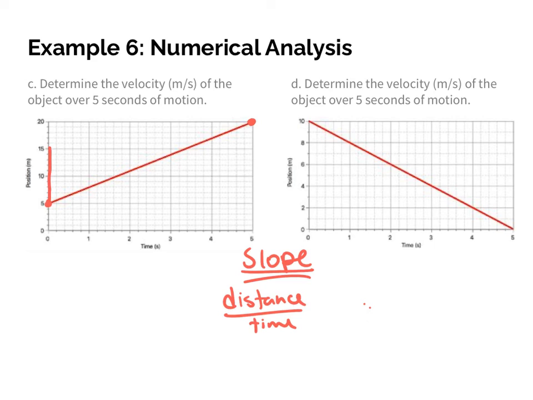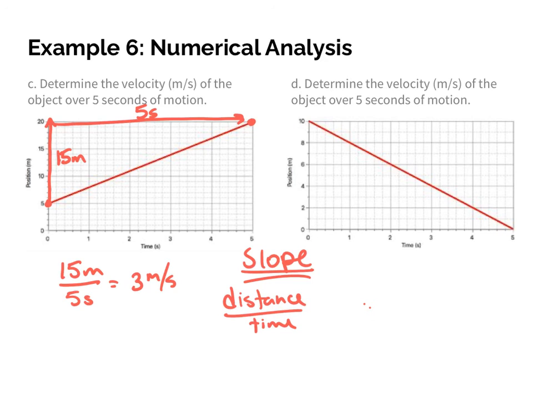So that means I'm going up from 5 to 20. That's a total distance of 15 meters. So I go 15 meters in the time frame. If I go over from 0 to 5 seconds, that would be 5 seconds, and I'm reading that down here on the time axis. So if I then take 15 and divide it by 5 seconds, I would get a speed of 3 meters per second.